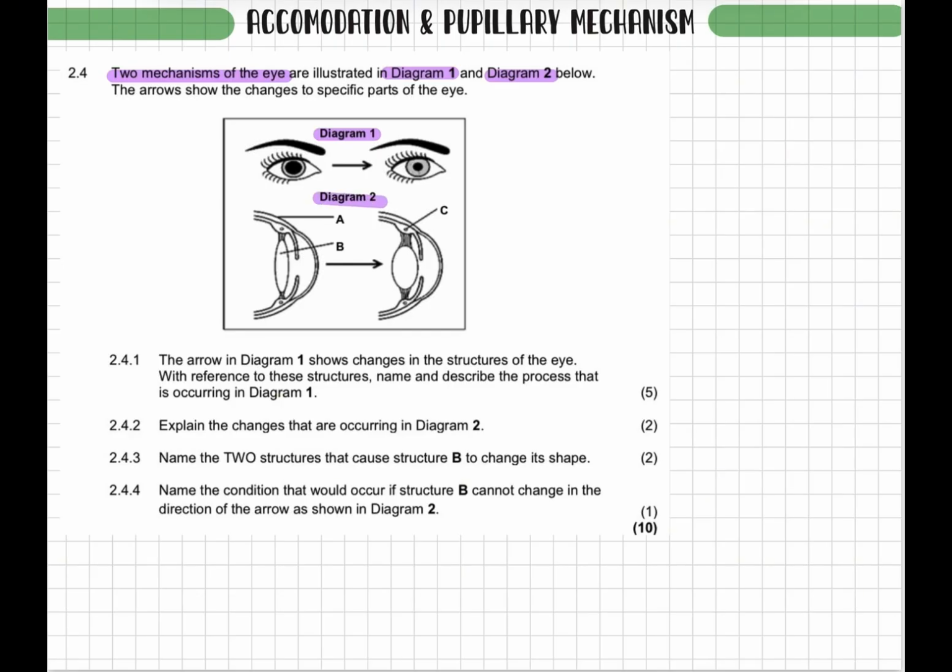Now when you look at these two diagrams, there are labels A, B, and C. For diagram 1, we can see that it is the front view of the eye, which means that we're looking at pupillary mechanism. While diagram number 2 is the side view of the eye, and then we'll look at accommodation.